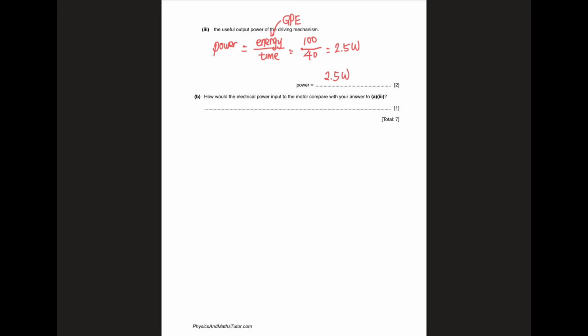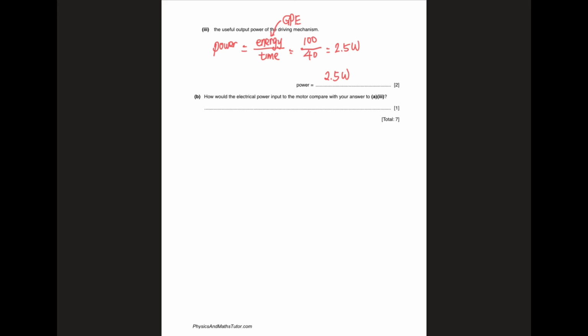How come the useful energy is the GPE? Because the main intention is to raise the cable car to a particular height. So we need GPE. GPE is the useful energy output.